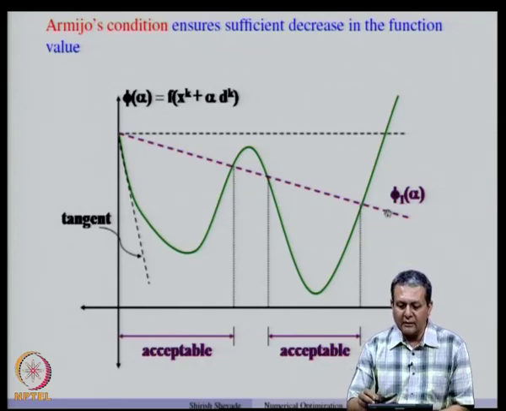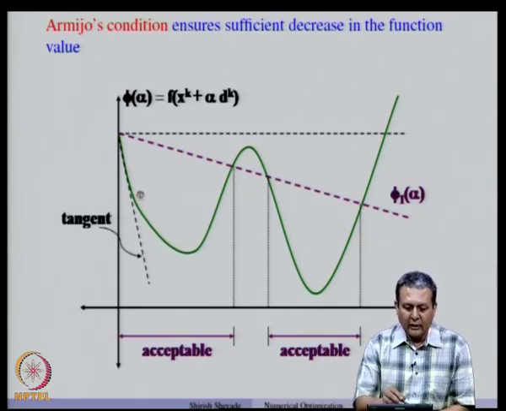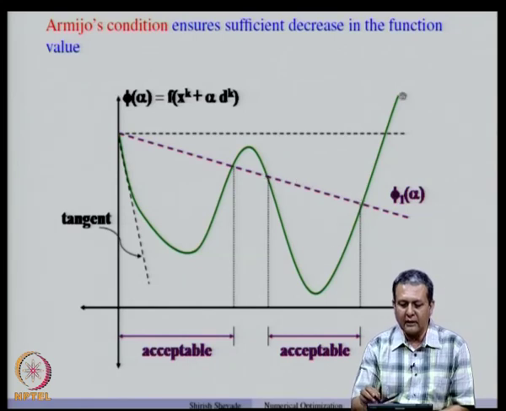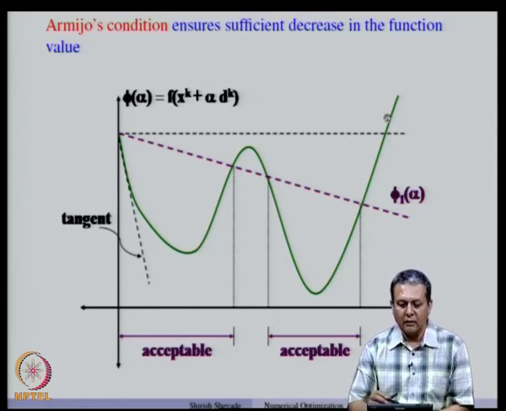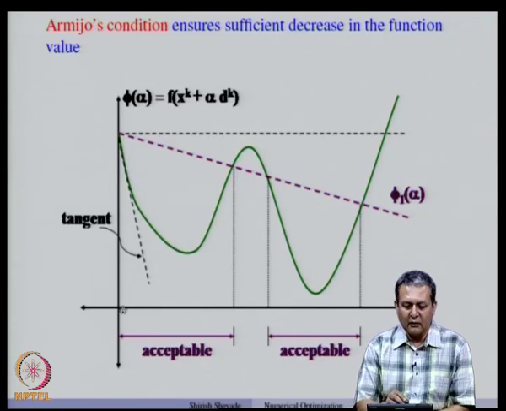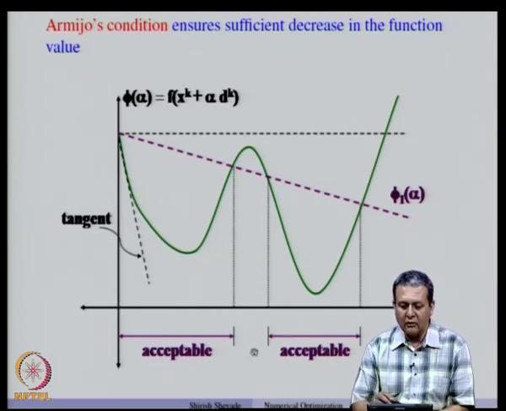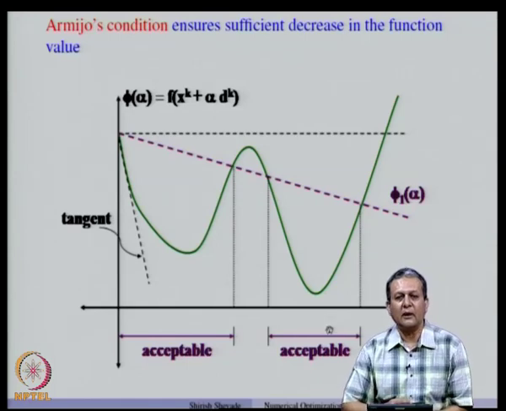So, if you look at this part of the curve, this part lies above the line, this part lies below the line, and then again it lies above the line. So, according to Armijo's condition, the alpha can be chosen such that it lies either in this range or in this range. So, this is called the acceptable range for alpha according to Armijo's condition.